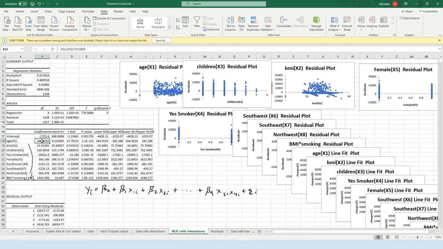And then we have model error. Okay, so this is our model.